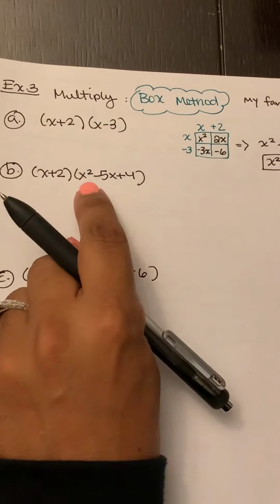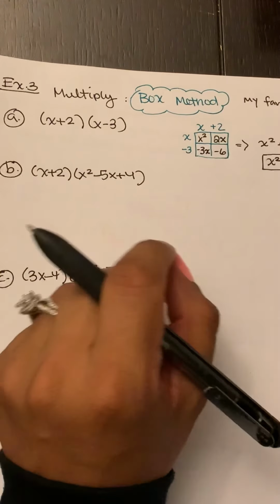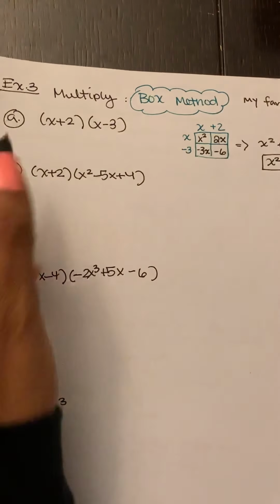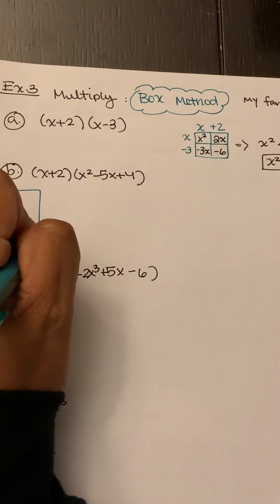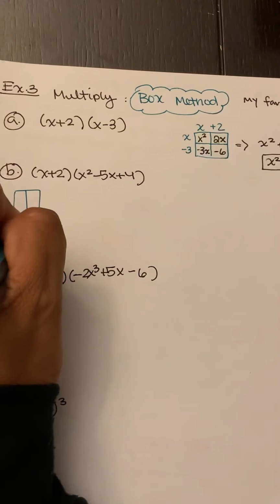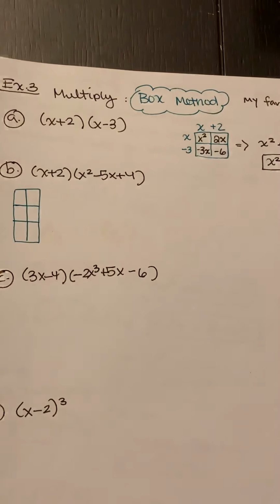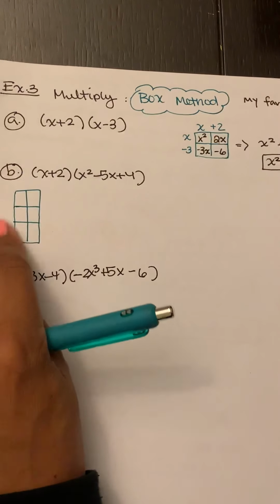Here we have a 2 by 3, or if you switch the order of it, you can create a 3 by 2. So the box could look like this. And you know that x plus 2 is going to go at the top.